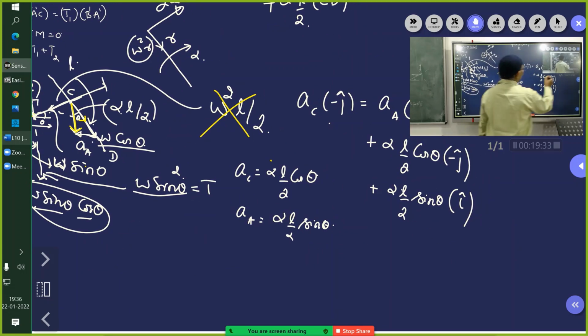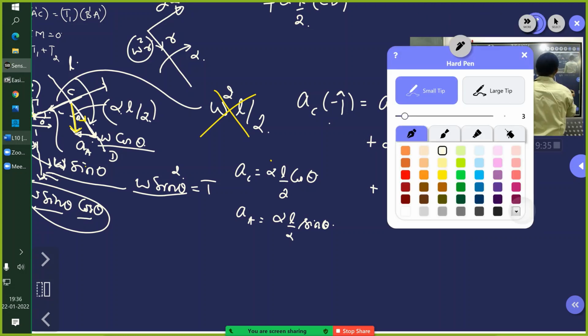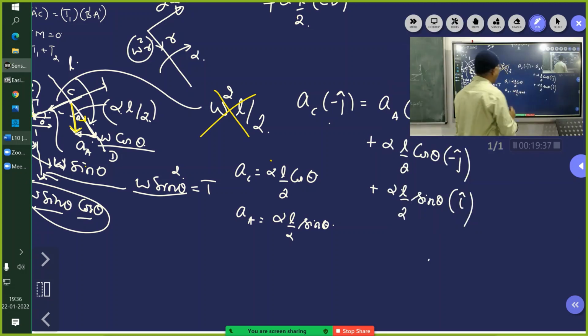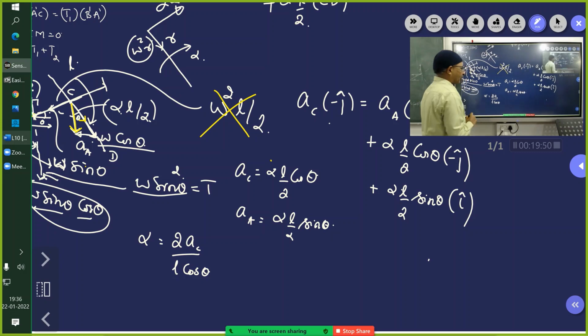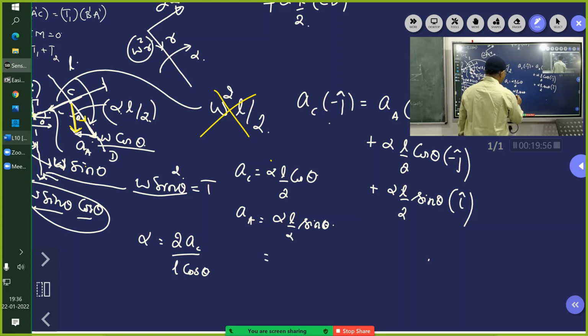From AC equal to alpha L by 2 cos theta, alpha will be 2AC divided by L cos theta. Are you with me, all of you? Since they have asked us to find alpha, substitute the value of alpha in AA.